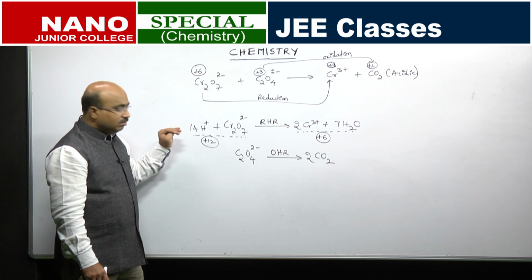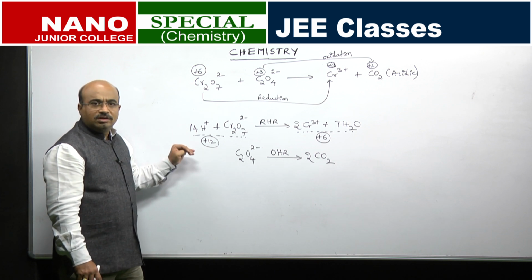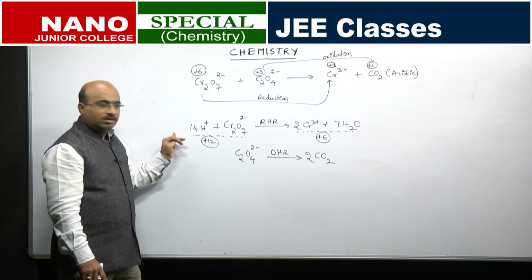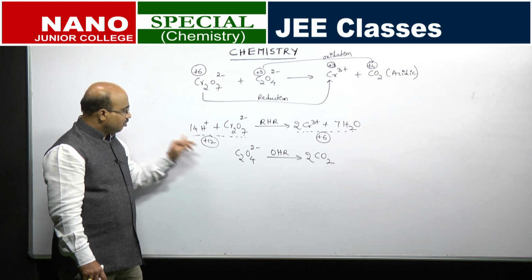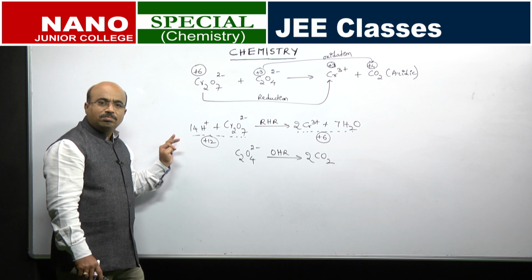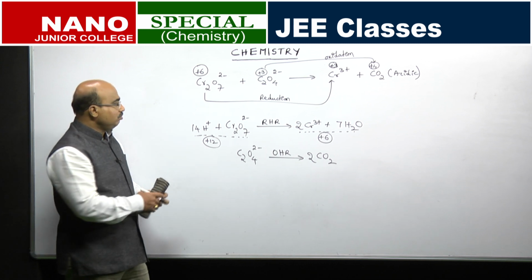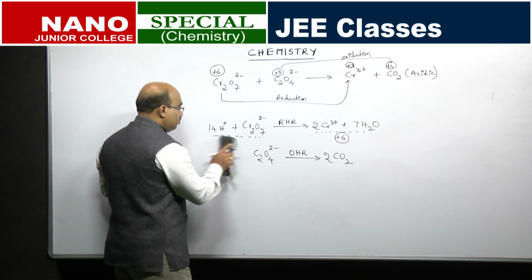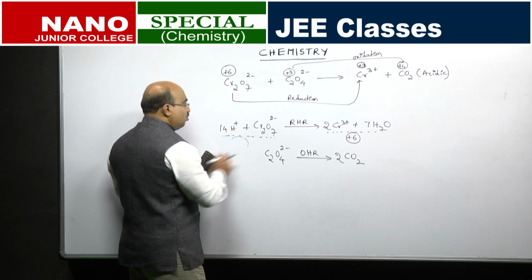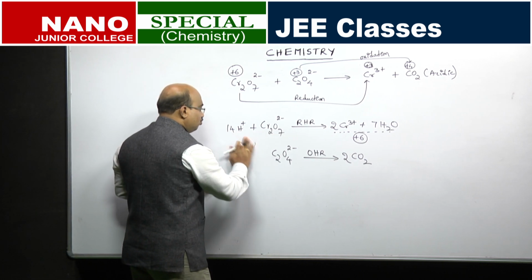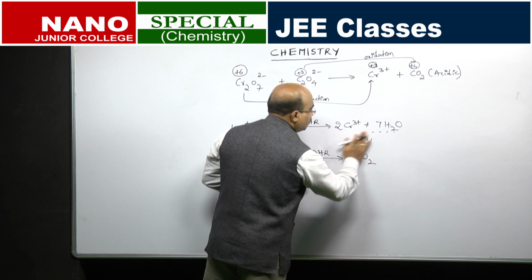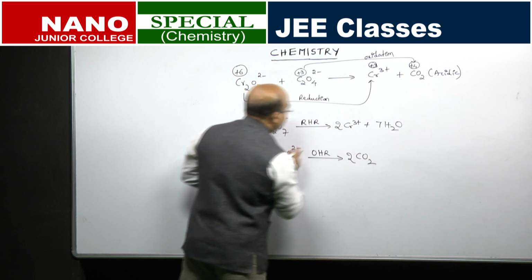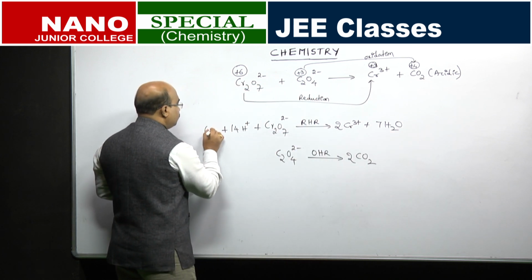Add 6 electrons here, 6 negative charges here, minus 12, plus 12 minus 6 will become plus 6. So, we are adding 6 electrons. You can remove this part which is used for workout. So, plus 6 electrons here.